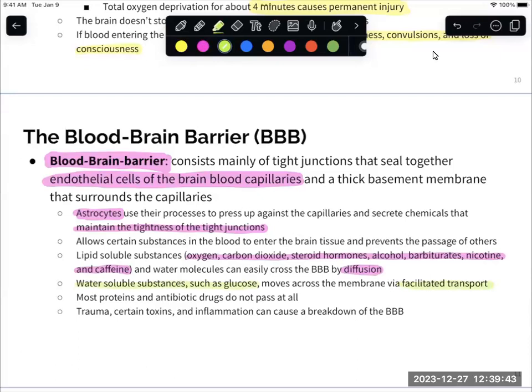But if there's some kind of trauma or damage within the brain, it can cause different substances or things to break down that blood-brain barrier. Toxins and inflammation can break down that blood-brain barrier.